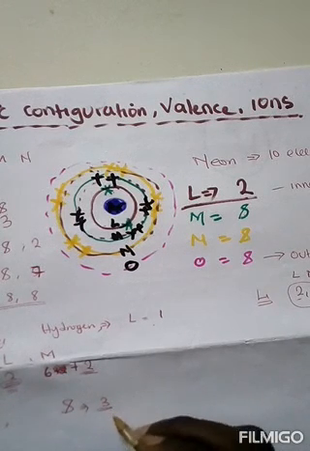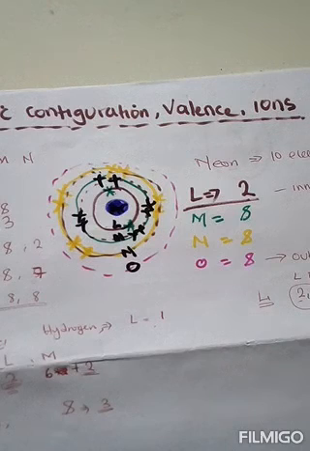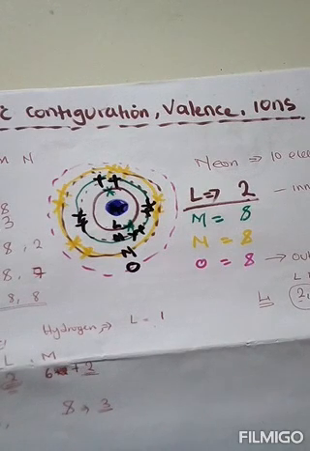So those elements in which the last shell, by last shell I mean starting from shell M, has either 1, 2, or 3 electrons, then it can lose those electrons. But if the last shell has 5, 6 or 7 electrons, it cannot lose. You can't lose all the 5.